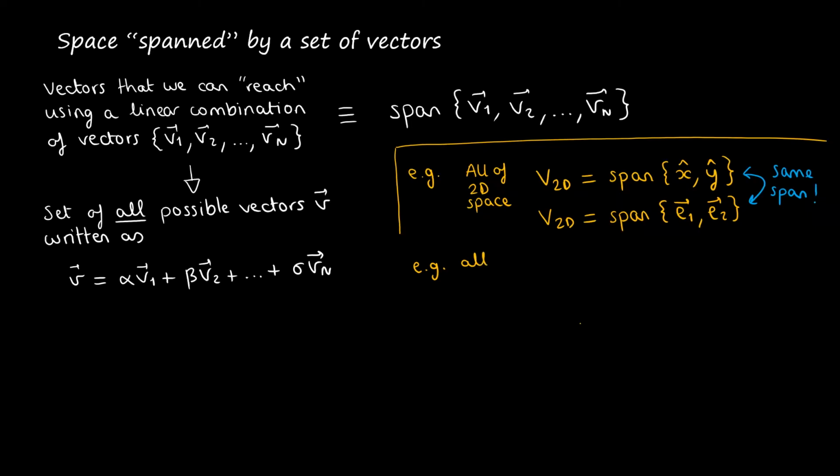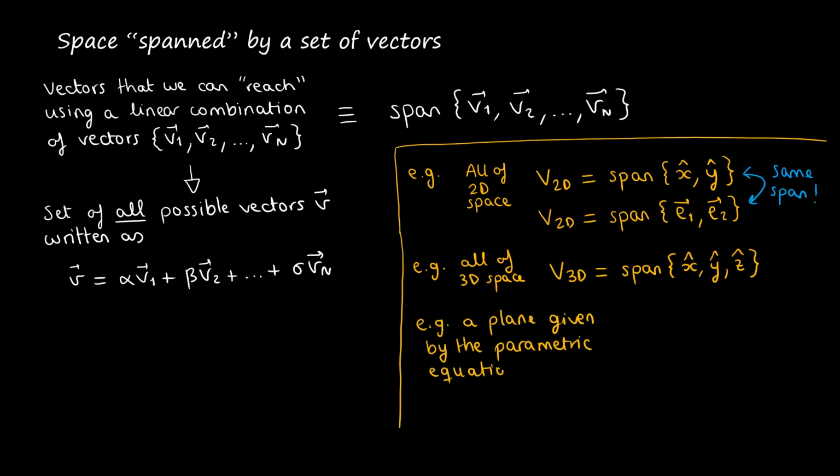Consider more examples. The space of all of three-dimensional space, V3D, can be defined as the span of vectors x hat, y hat, z hat. Also, a plane that is given by the parametric equation r equals alpha u plus beta v can be compactly referred to as the span of vectors u and v.